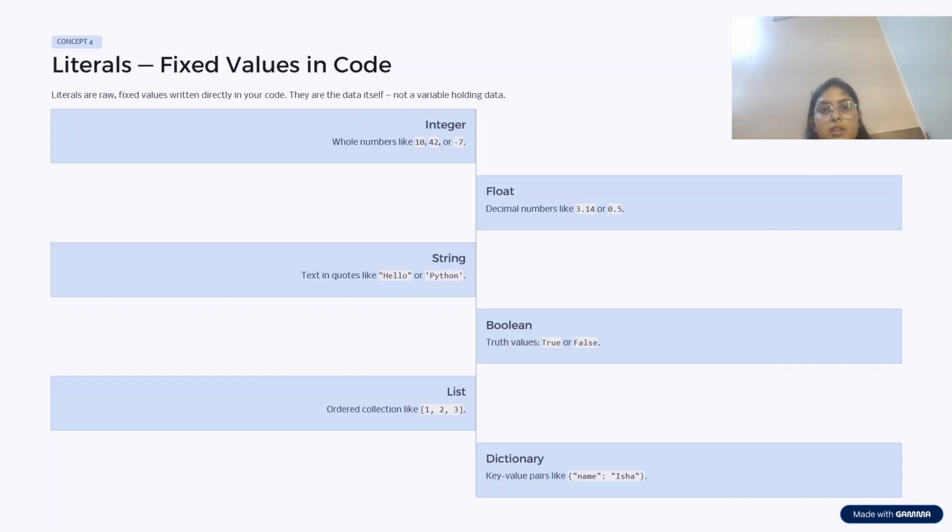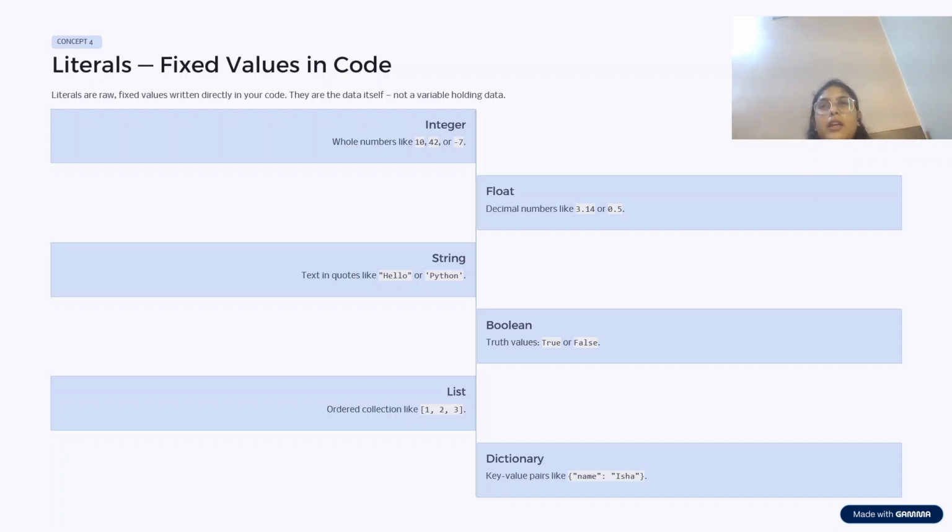There are types of literals given here. Integer is a whole number like 10, 42, -7, 46, 100, 200, without a decimal point. Float has decimal points, like 3.14, 0.5.